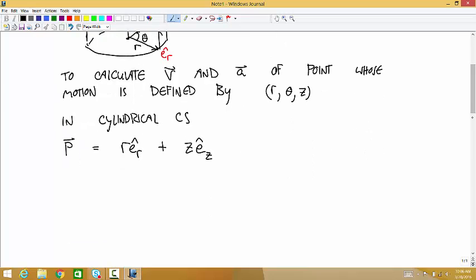Okay, so if we want to calculate the velocity, that's the time derivative of the position vector. And this is a rotating coordinate system. What's the angular velocity of this coordinate system? Theta dot, and what's the axis of rotation?